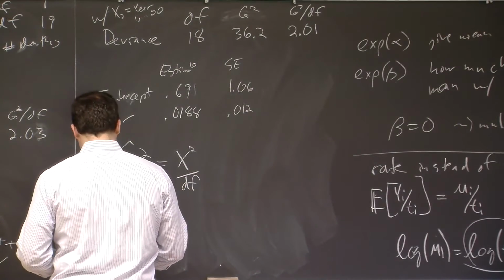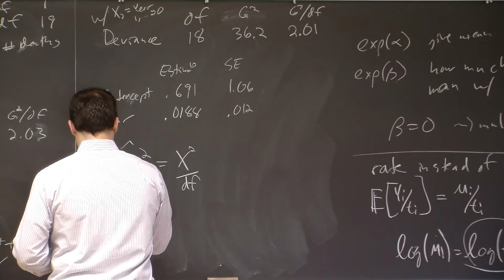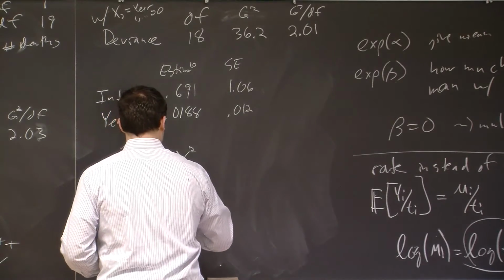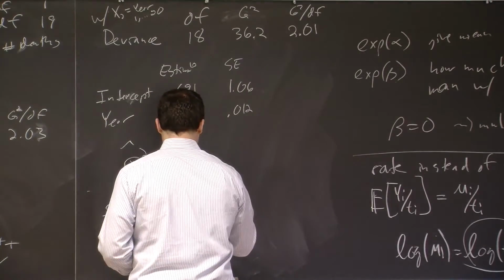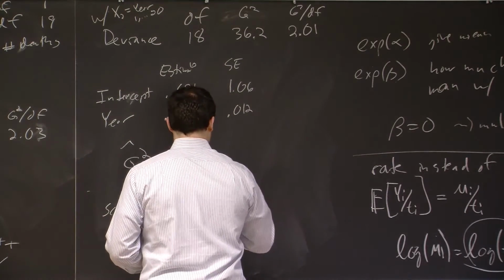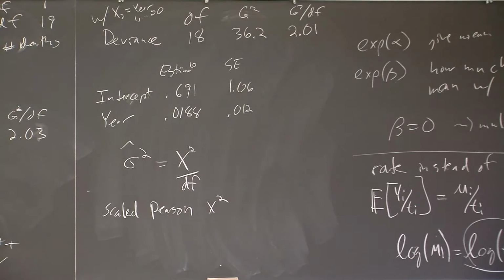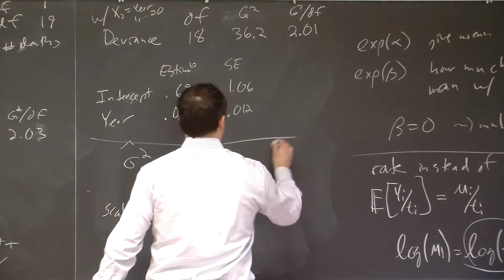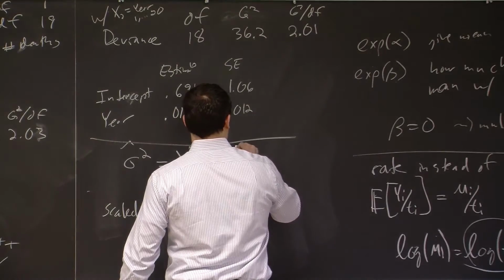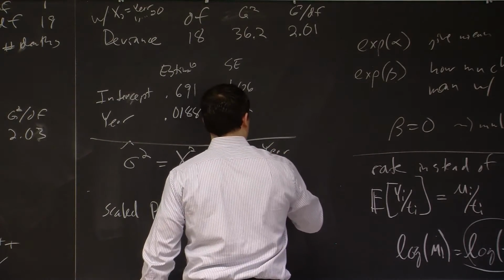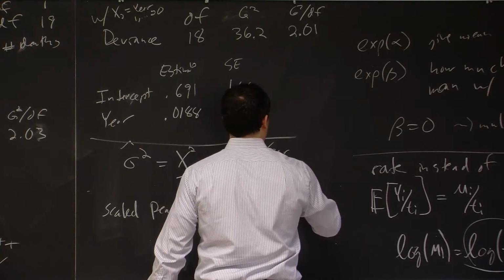Of course, what will the scaled Pearson chi-squared statistic for the fit be, including the overdispersion parameter? Sorry, let me be clear. I've thrown out year, so this is an intercept only, 19 degrees of freedom in the test.